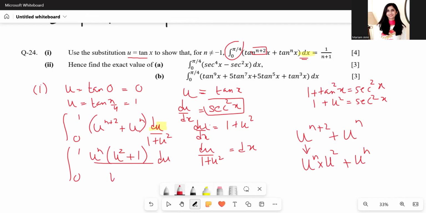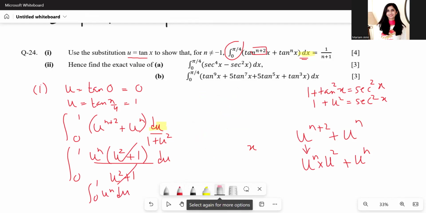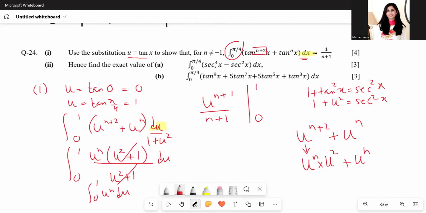In the denominator, there was already a u squared plus 1, so when this cancels, we get u power n. Now this integrated becomes u power n plus 1 over n plus 1. Now the limits are u is 1 and u is 0, so 1 over n plus 1 minus 0. So we're just left with 1 over n plus 1. So we have done the first part.